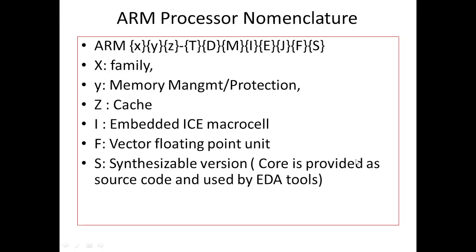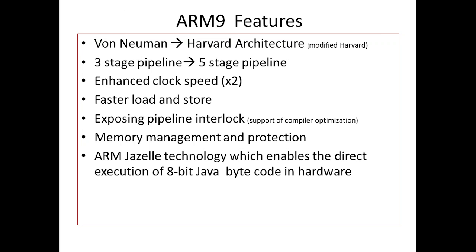When we increase the speed of processing, the time required to complete the process is very less. So processing time we reduce, that is, speed is fast. So these are the things which are available on ARM. Next, just for your understanding, these are the features of different categories of ARM.